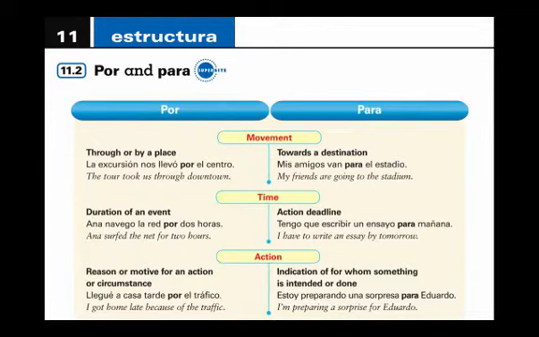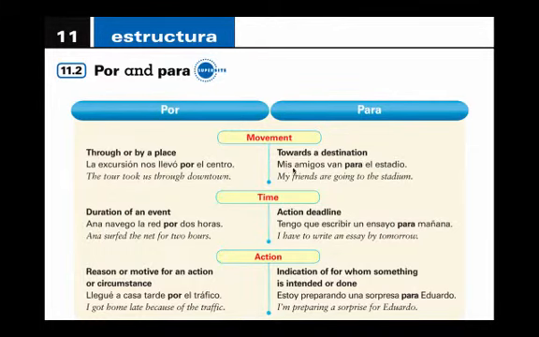Okay, so let's continue. A brief comparison between por y para. With por and para right here, we start out looking at movement. So through or by a place. La excursión nos llevó por el centro. Movement with para is used more towards a destination.